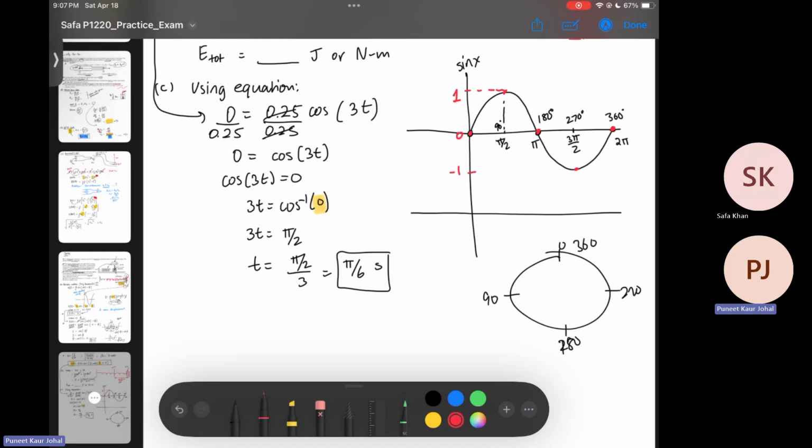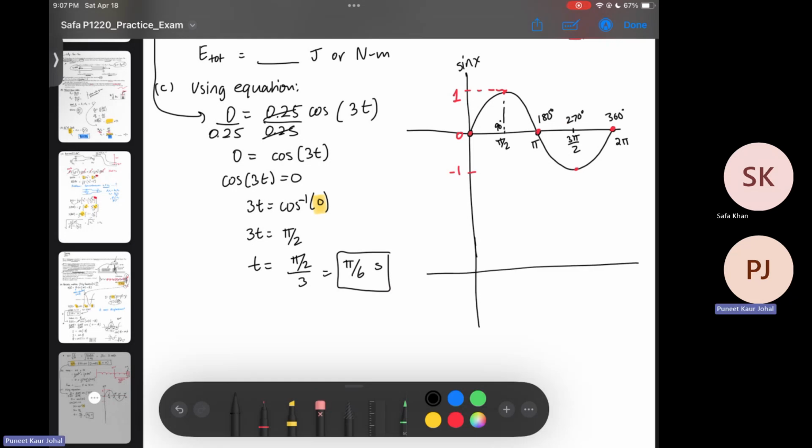Replicating the same thing for a cosine graph, actually, maybe I'll just extend it. The cosine graph starts at the max position, but the cycle is still one complete cycle, again 360 degrees or 2 pi in total.